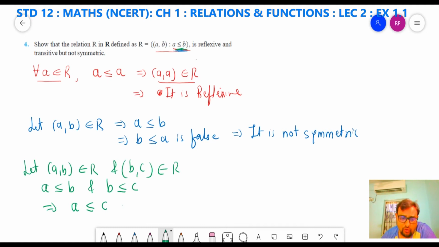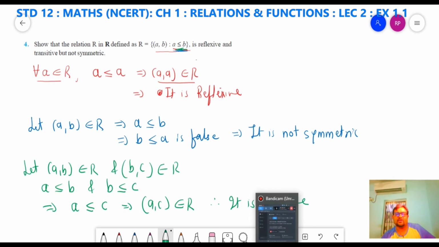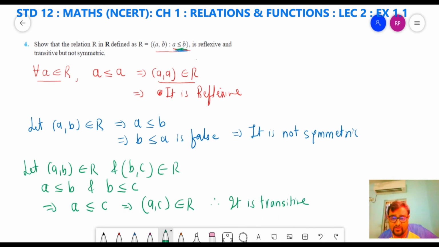As it is following this, (a, c) belongs to the relation, therefore it is transitive. Clear? So it is reflexive, not symmetric, and transitive. Here the relation is reflexive and transitive, but not symmetric. So note down question number four.